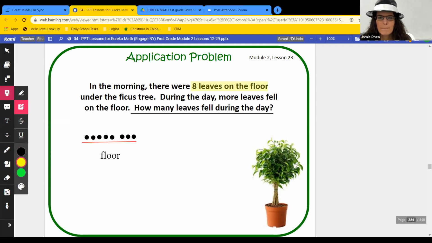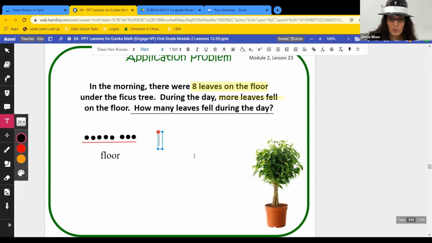During the day, more leaves fell on the floor. We know that more leaves fell on the floor. Does it tell me how many are on the floor? No, it just says some more. So let's put a text box and put a question mark.